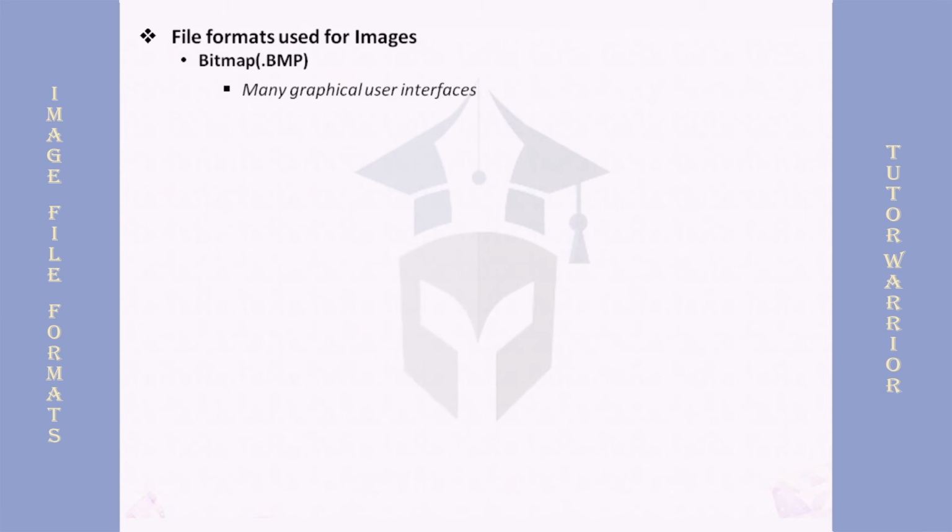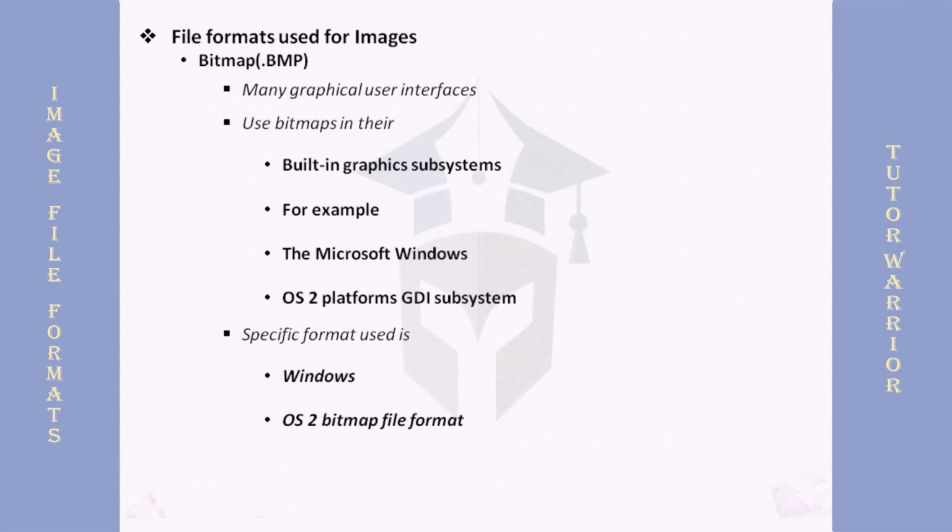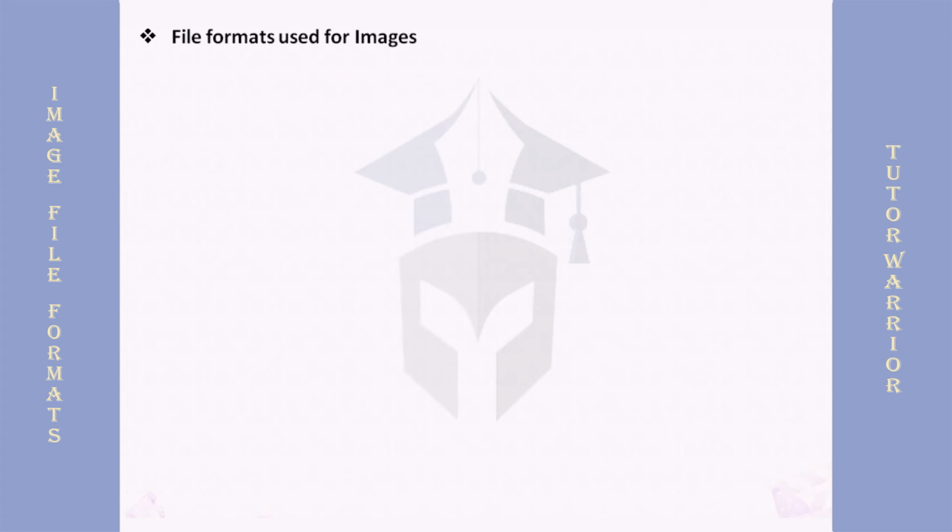Many graphical user interfaces use bitmaps in their built-in graphics subsystems. For example, the Microsoft Windows and OS/2 platforms' GDI subsystem, where the specific format used is the Windows and OS/2 bitmap file format, usually named with the file extension of .bmp or .dib.